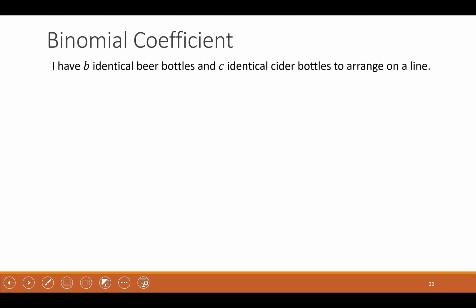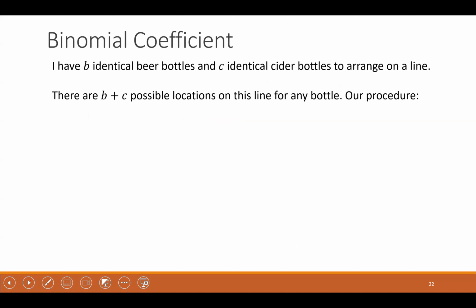All right, so let's say that we had B plus C designated locations for these beer bottles and cider bottles, right? And technically we sort of do because we only care about the order. So in my procedure, well, I can define a procedure, but does anybody have a guess as to how many ways I can arrange these bottles?